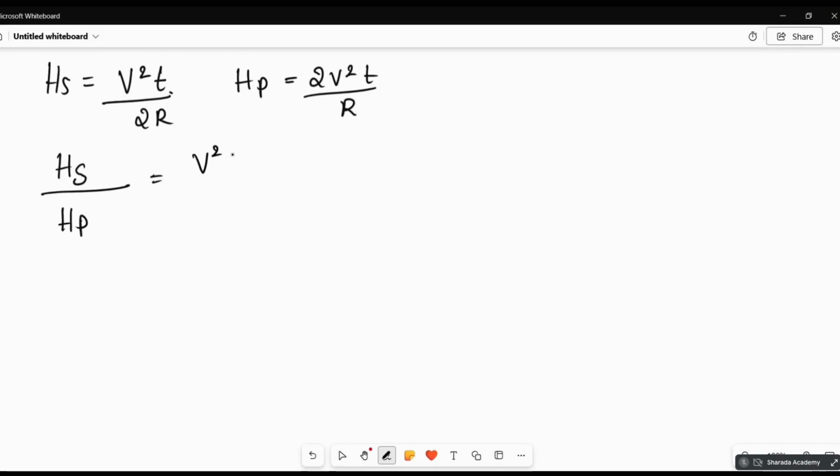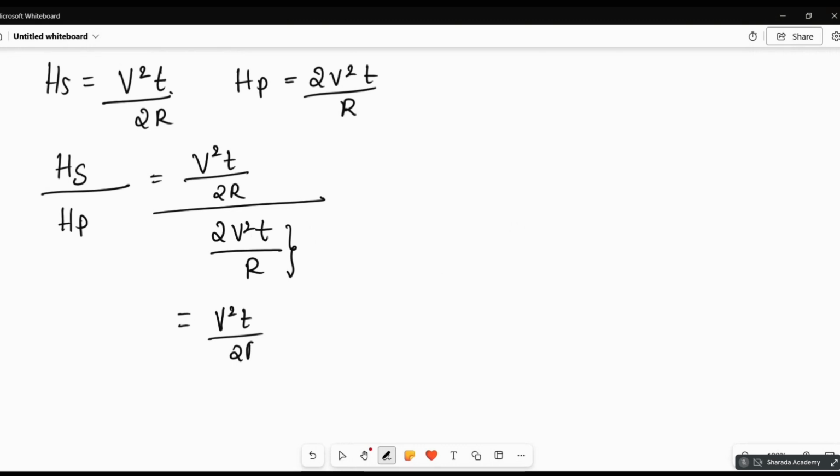So V square into T by 2R, whole thing divided by 2V square into T by R. This is the denominator. Take the reciprocal. V square into T by 2R into R by 2V square into T. So that is equal to 1 by 4.